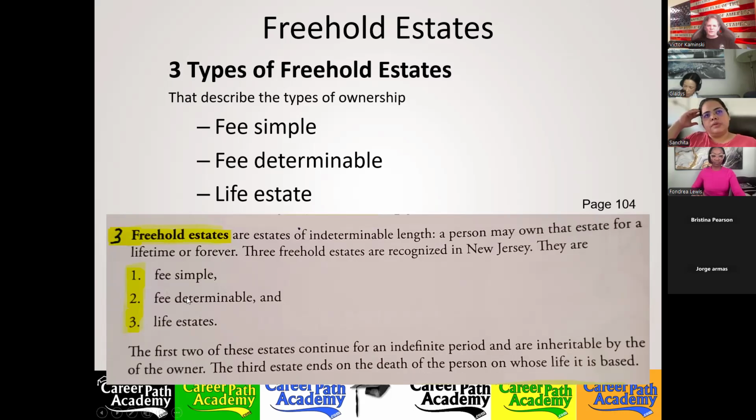These first 2 categories of estates continue for an indefinite period of time, and they're inheritable by the ancestors of the owner. The third estate ends on the death of the person whose life it is based on.